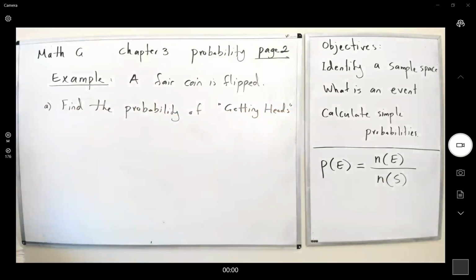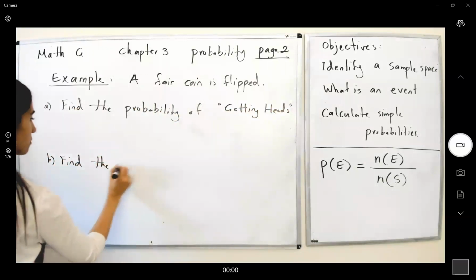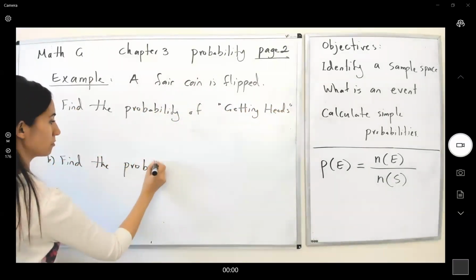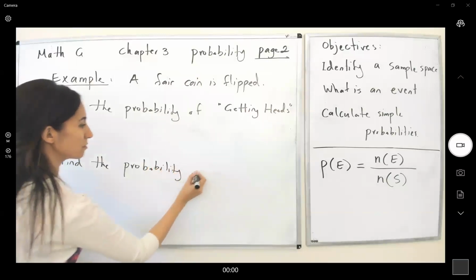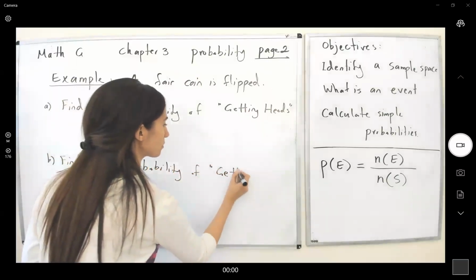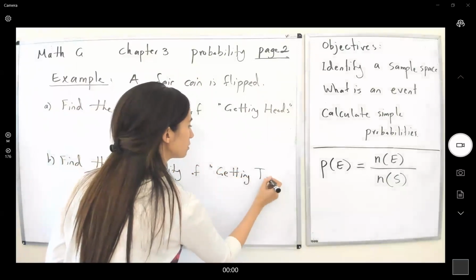And part B says, find the probability of getting tails.